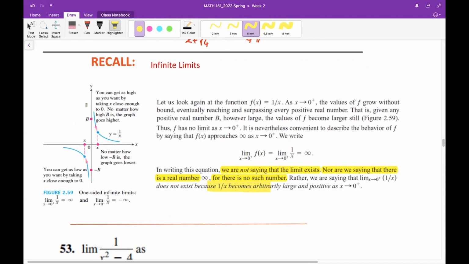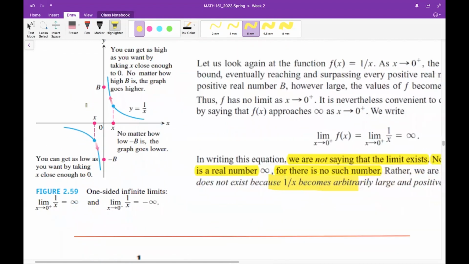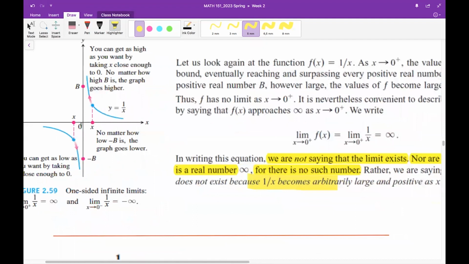What happens to the function f(x) = 1 over x around 0? If you approach from the right, for example, the closer you get to 0 from the right, the bigger values you obtain, and you can get as big as you want by taking x closer to 0 from the right.